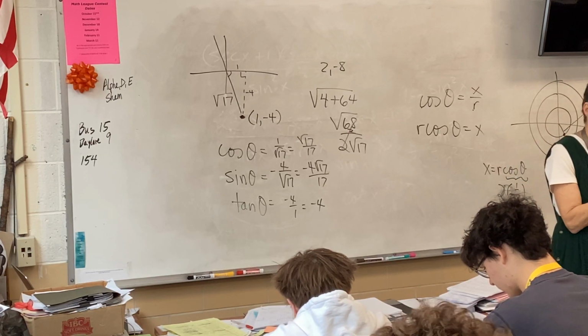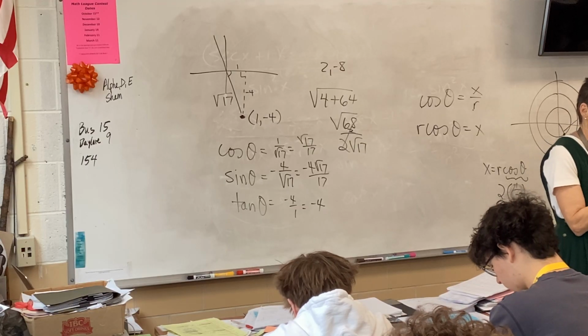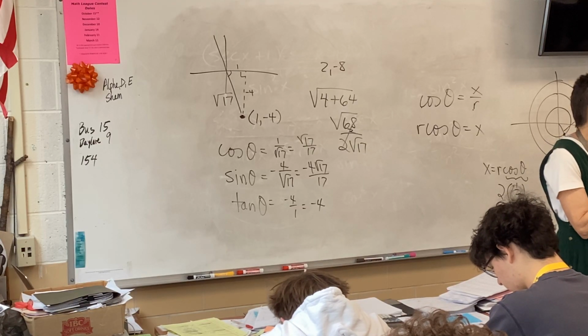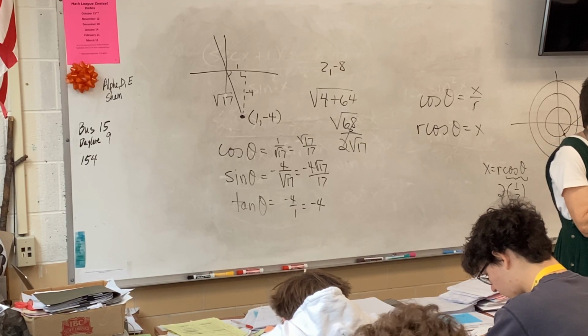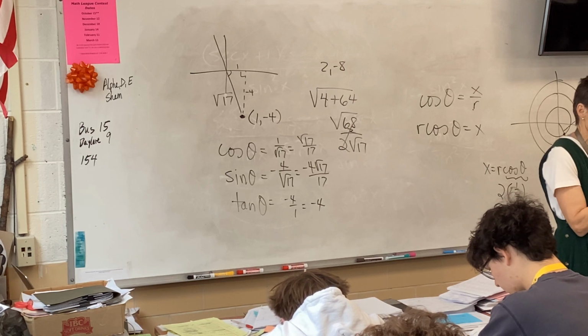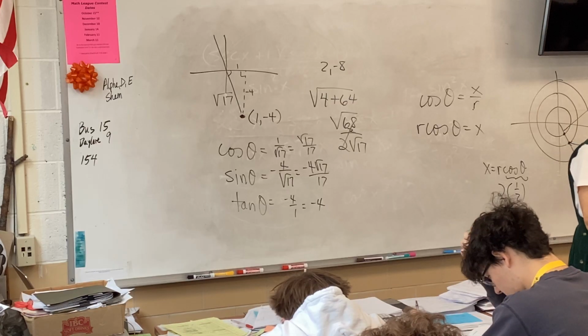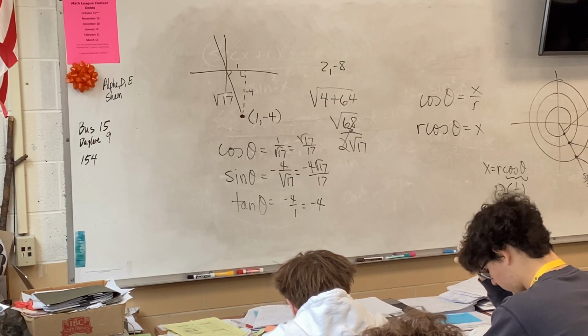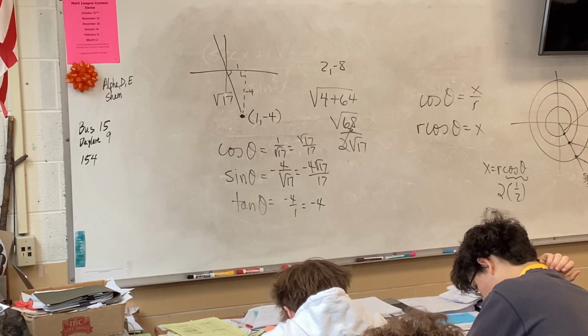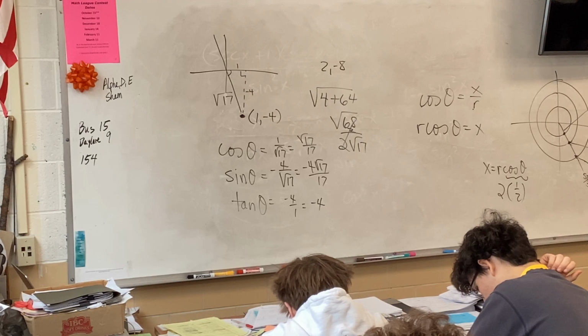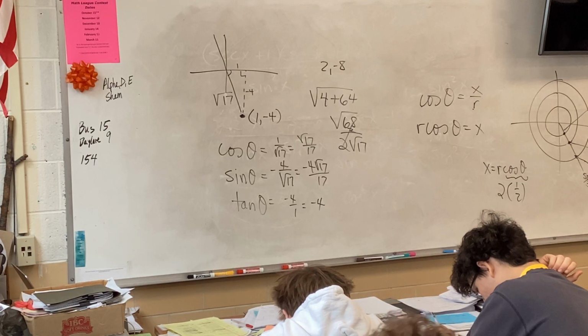And what would our sine be? Negative 0.51 or something like that. Maybe just negative 0.5. And what would our tangent be then? What's tangent? Y over x. Sine over cosine.